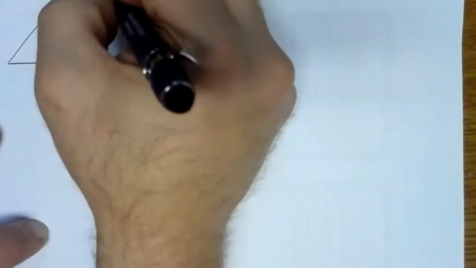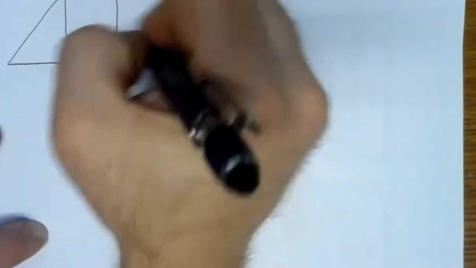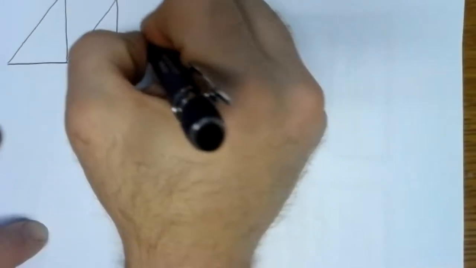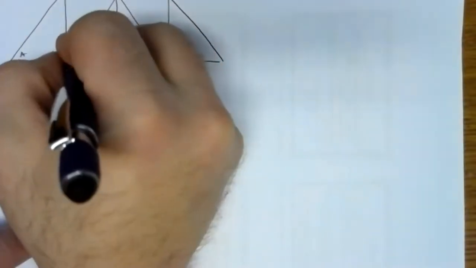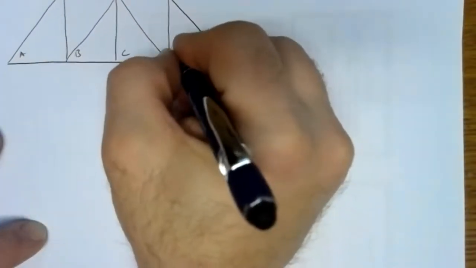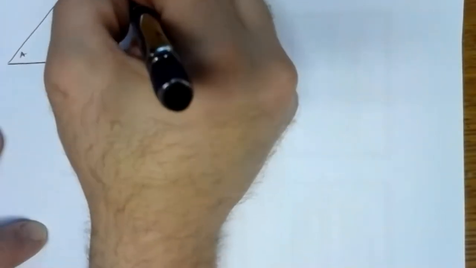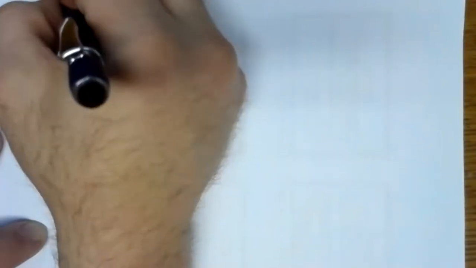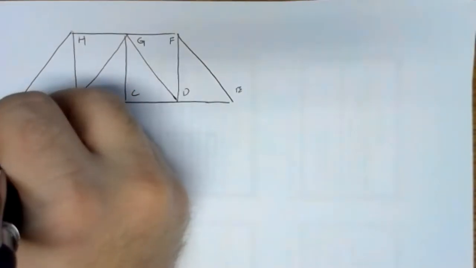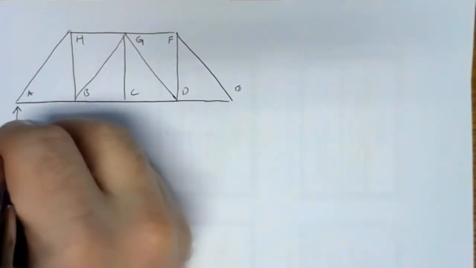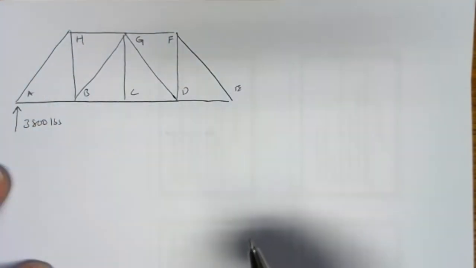So there's the truss, and this time we'll put the whole structure of the truss in there. So we've got A, B, C, D, E, F, G, and H. We know that there's a force pushing up at A, 3,800 pounds of force.